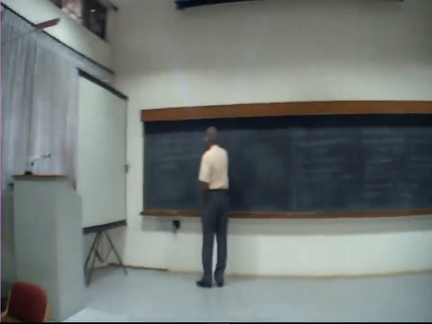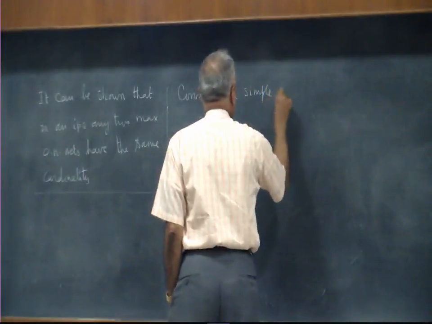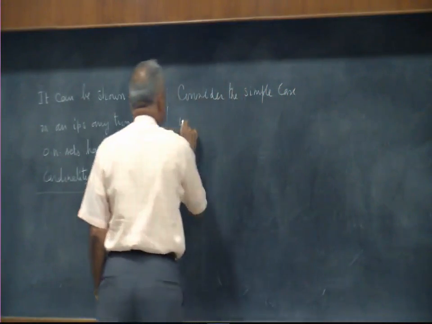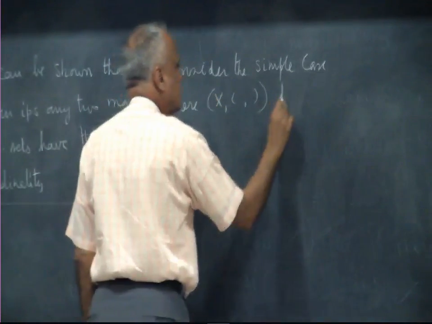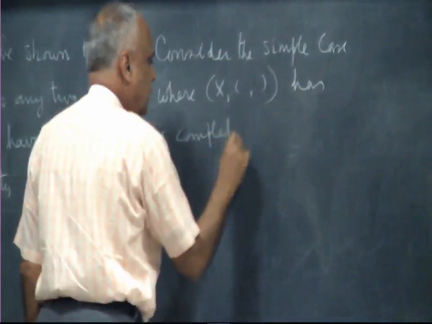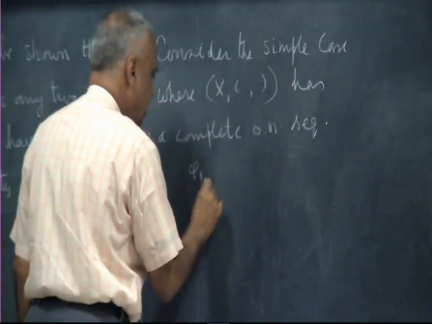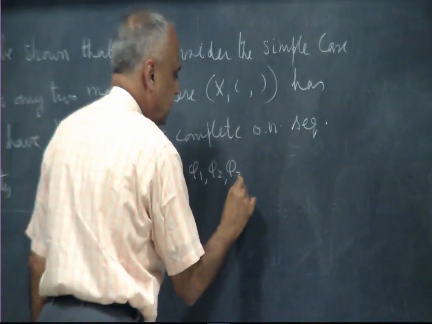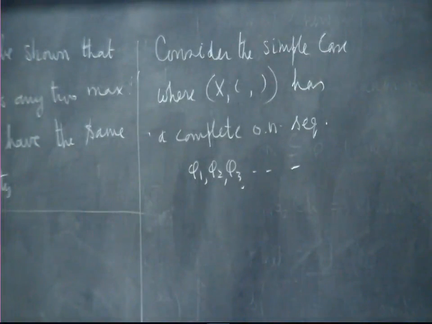Okay, so let us take the simple case now. Consider the simple case where X has a complete orthonormal sequence phi 1, phi 2, phi 3, etc. That is, the basis is now an infinite sequence.